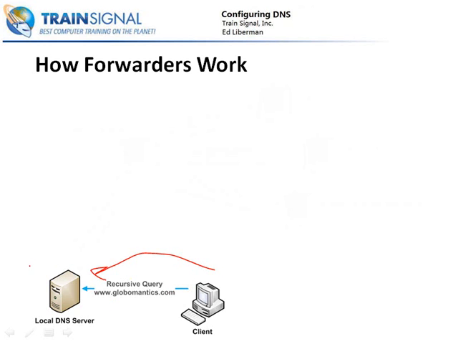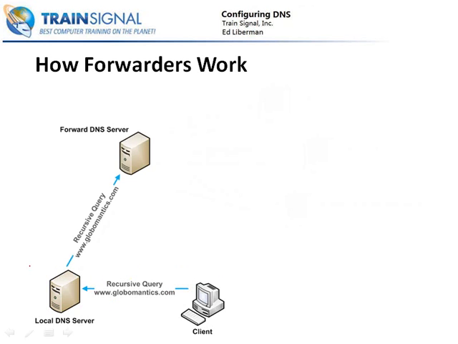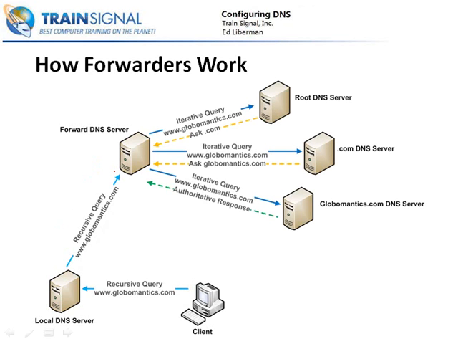So the local DNS server, on behalf of the client, will make another recursive query to the forward DNS server that it's been configured to ask for any lookups that it doesn't know about. That forward DNS server then has been configured with that other type of forwarder that I'd mentioned, root hints.